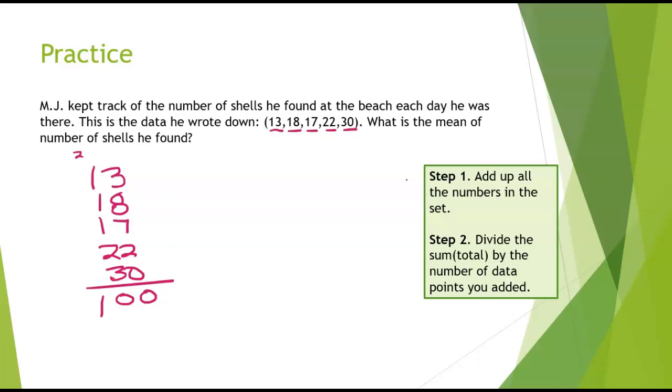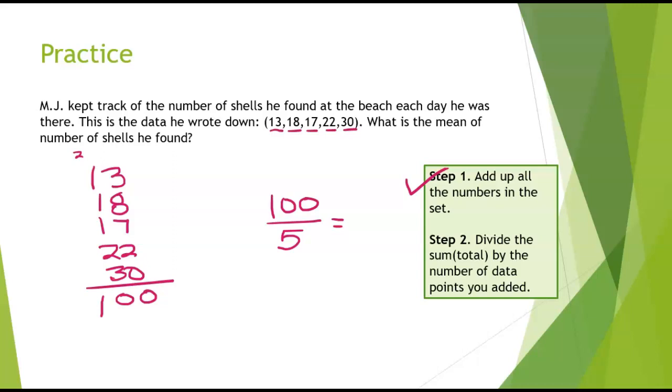So that's the first step I did. The second thing I have to do is divide that 100 by the number of values I added together. Let's see, 1, 2, 3, 4, 5. So I have to divide that by 5. And when I do that, what do I get?